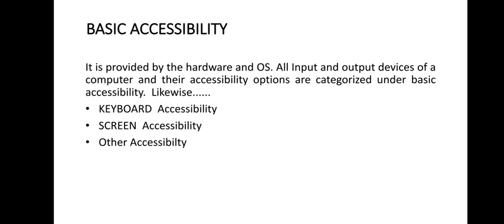We can categorize these under keyboard accessibility as an input option, and screen accessibility as an output option, and some other accessibility options. So concerning basic accessibility techniques, we will talk about keyboard, screen, and some other options. Let us talk about the first option, that is, keyboard accessibility techniques.